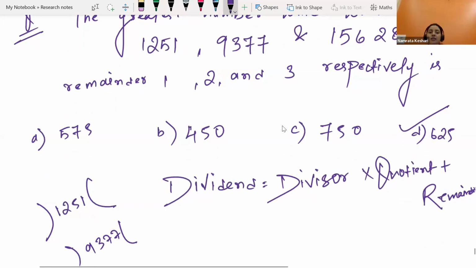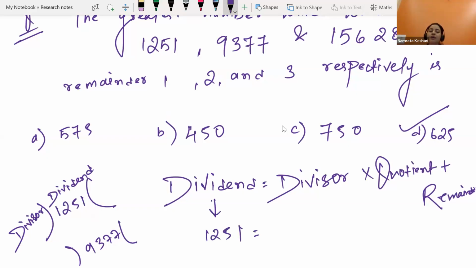This is called the dividend, and the number by which you are dividing is called the divisor. Quotient and remainder, I know nobody forgets. So the dividend is 1251, divisor is what we are supposed to find, into quotient q, and we want the remainder as 1 for the first number.